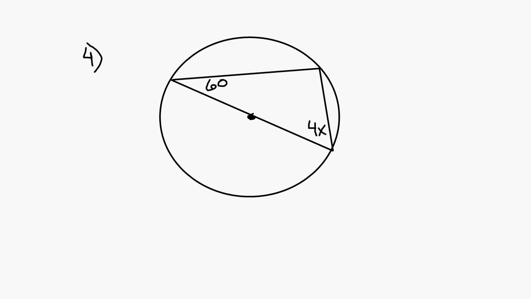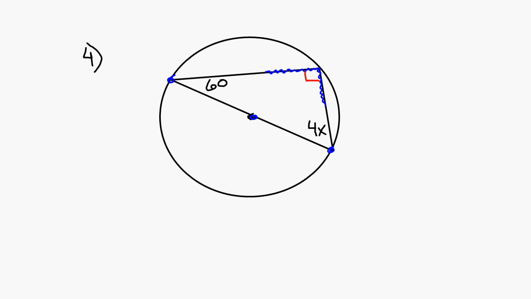And the theorem we talked about yesterday said that if an inscribed angle intercepts a diameter, which in this case, this segment running through the center of the circle is a diameter, that makes this angle a 90-degree angle.